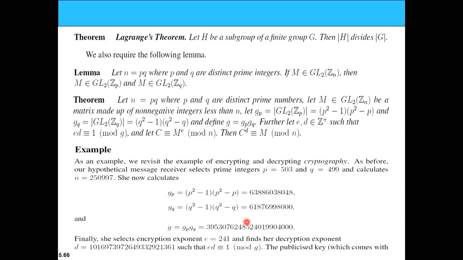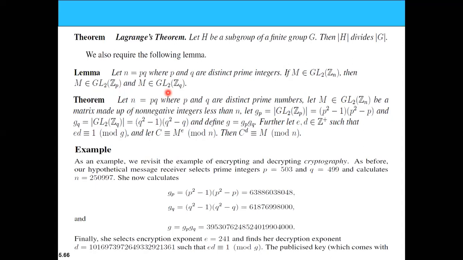Like, if you have M from the general linear group GL(2, Z_p), and M also belongs to the general linear group GL(2, Z_q), it means the general linear group GL(2, Z_n) is isomorphic to GL(2, Z_p) times GL(2, Z_q).